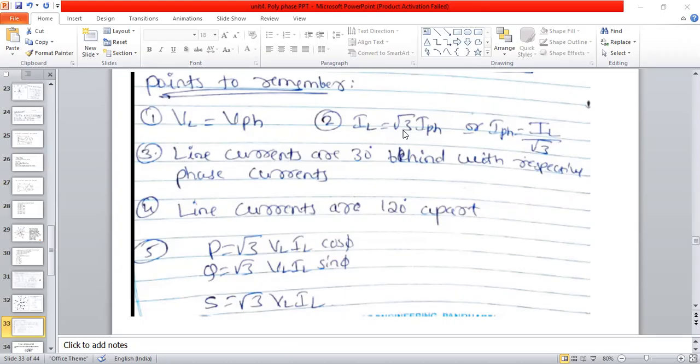Third one. Line currents are 120 degree apart.